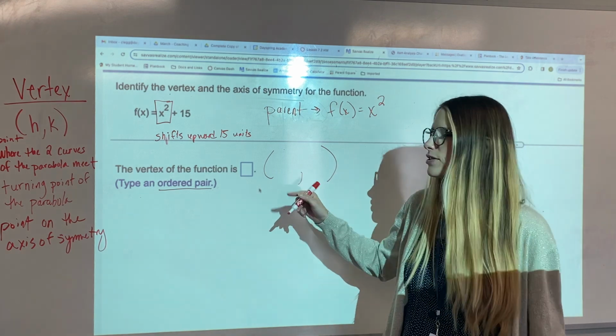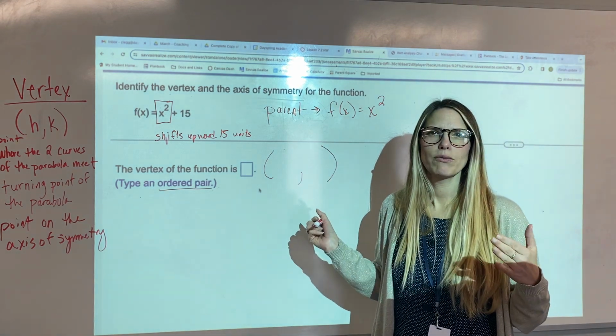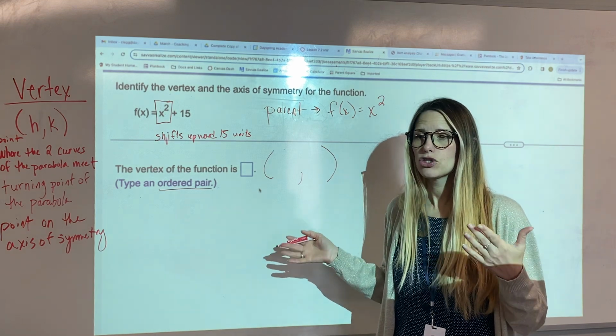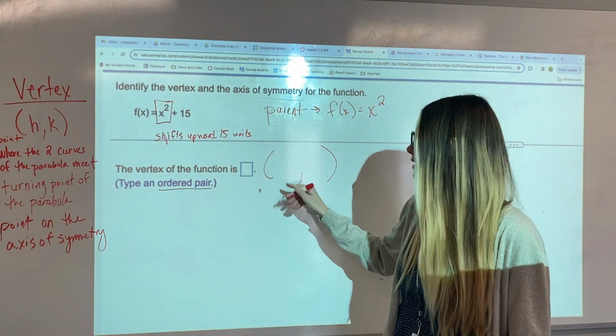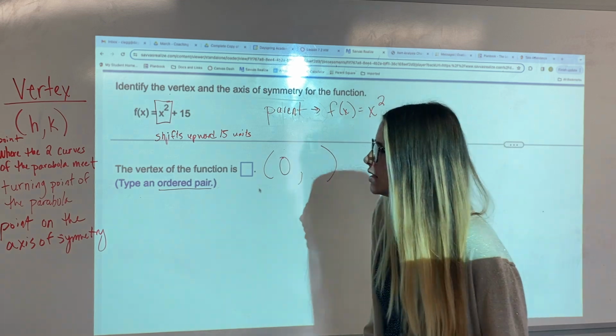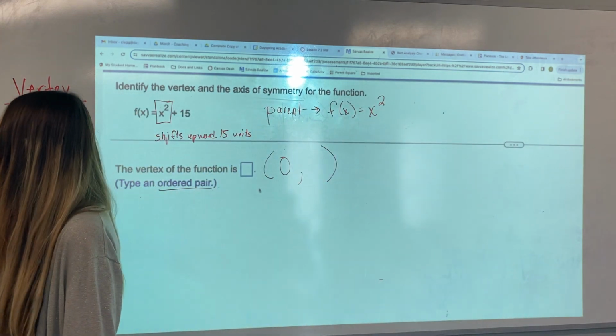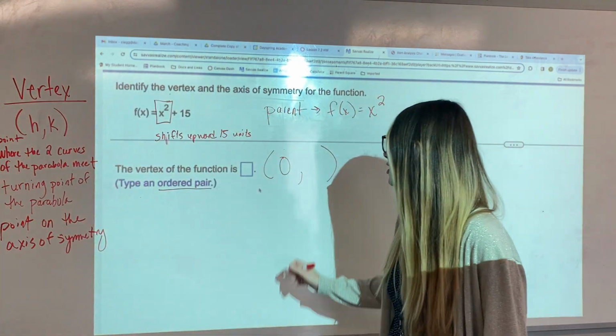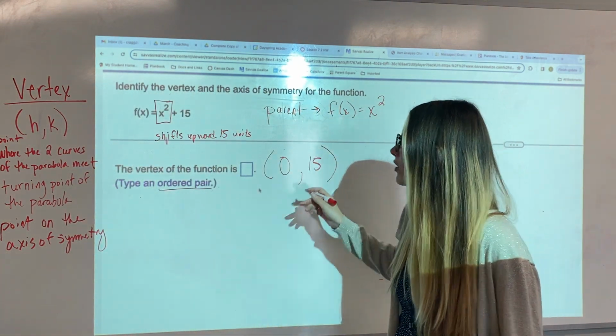Yep, so he's saying it's not shifting on the x-axis, so the x value of the coordinate will still be 0, just like this vertex, but since it's shifting upward 15 on the y-axis, that's going to be a positive 15 on the vertex.